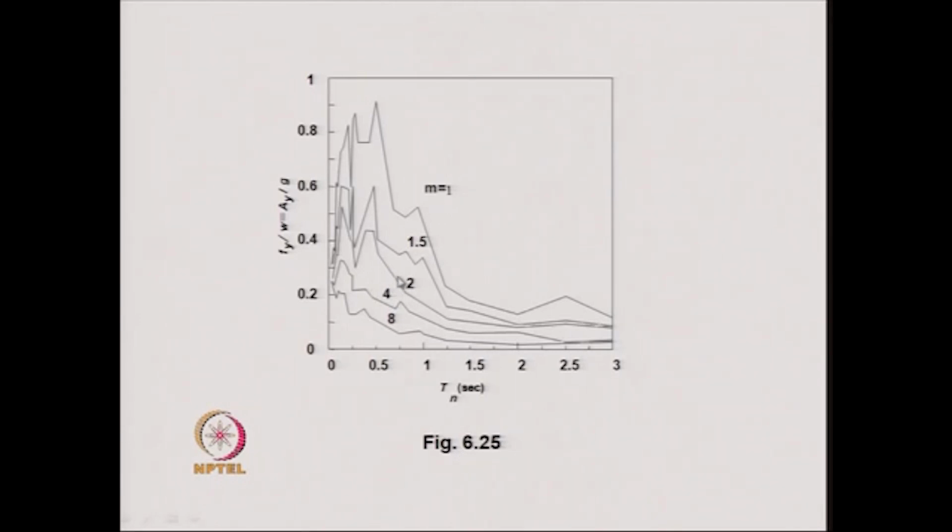So, this is very important, because if we wish to design a single degree of freedom system for a particular value of mu, say for example mu equal to 2, then what should be the value of the yield strength? That value of the yield strength can be straight away obtained by multiplying the mass of the single degree system by Ay, that is the inelastic response spectrum of acceleration from this curve.